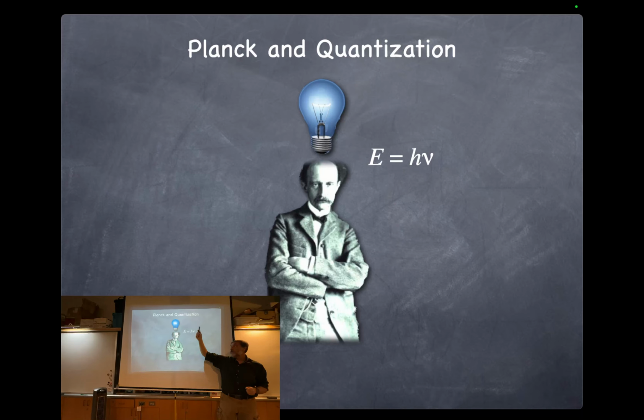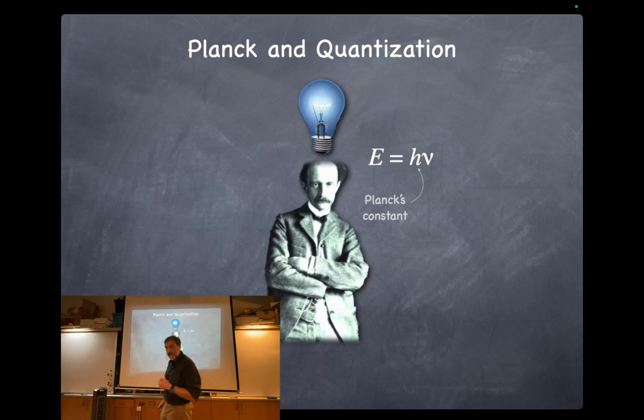So the energy of a smallest chunk of light is Planck's constant times the frequency. Planck's constant h is also printed on the useful equation sheet. It is a number, 6.626 times 10 to the negative 34. And it's on the useful equation sheet. You'll be able to look that up. Nobody's going to expect you to memorize it.